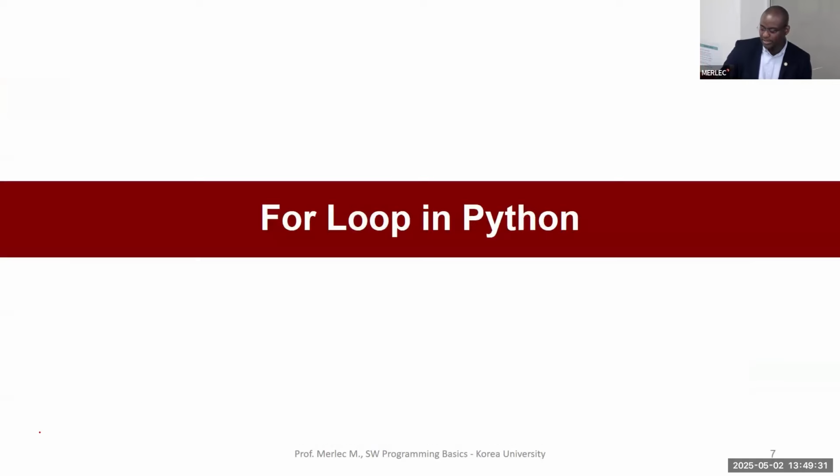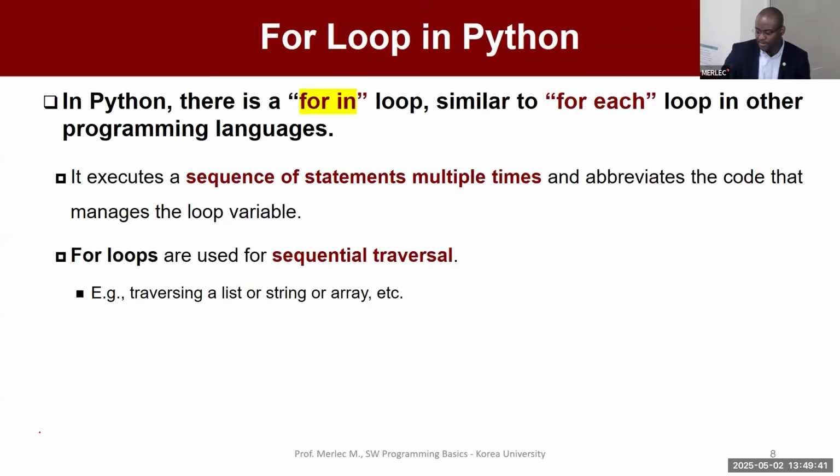First of all, let's start with the loop statements with the for instruction in Python, which is the easiest way to implement a loop in Python. Like other programming languages, Python also provides the for-in statement to implement loops, which is the equivalent of for each in other programming languages such as C or C++.